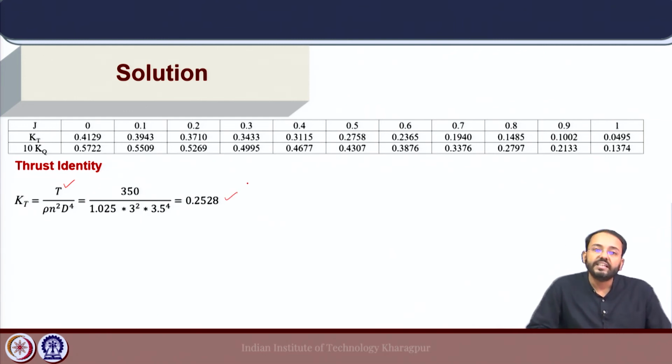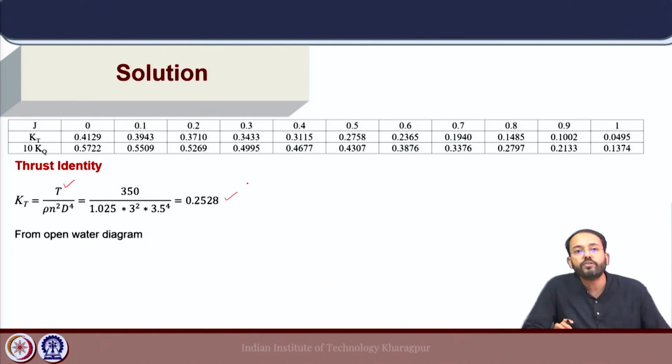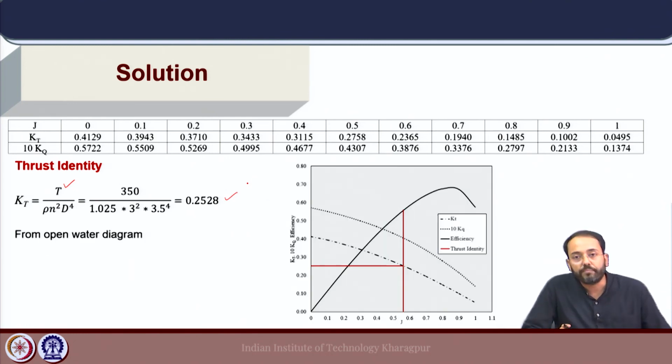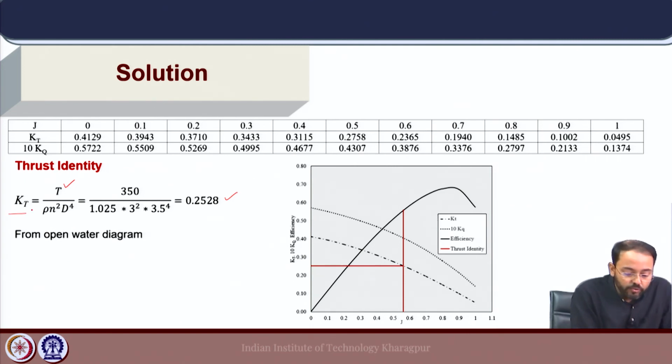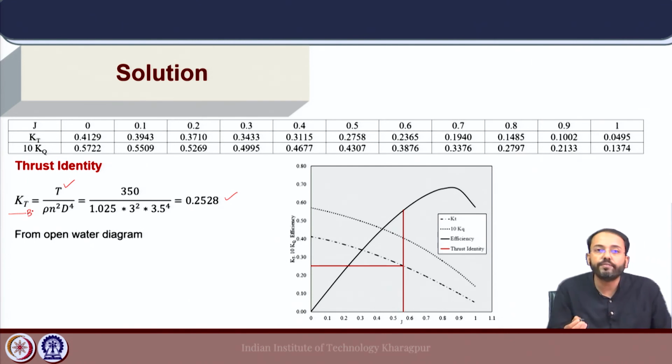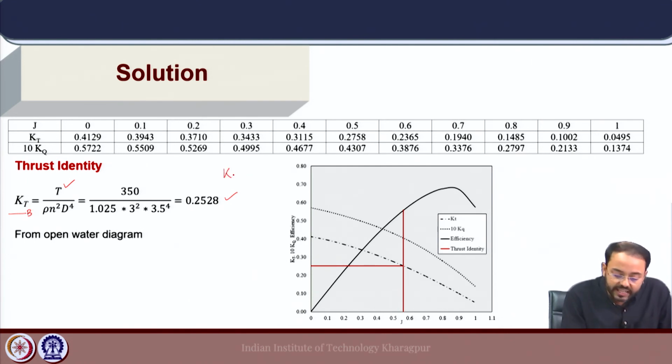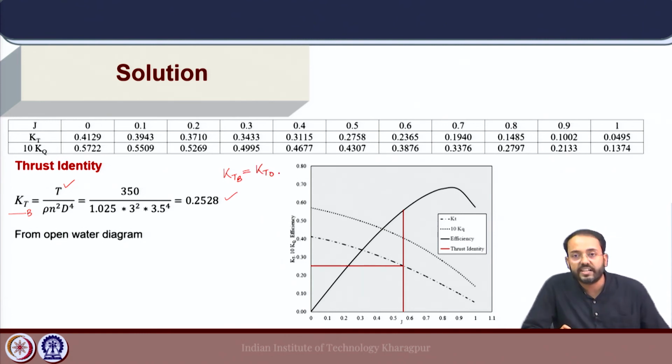As we have seen in the calculation for effective wake fraction, we have to use this value of thrust coefficient to enter the open water diagram, because the value calculated here is Ktb, and we will assume that Ktb is equal to Kt open water for thrust identity.